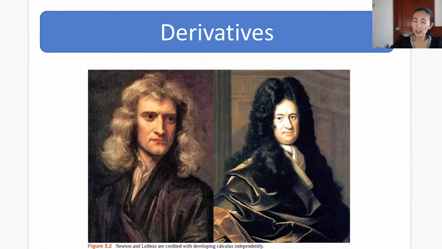Most mathematicians agree that calculus was developed independently by English mathematician and scientist Isaac Newton and Gottfried Leibniz. English ito, siya German. Okay? Newton and Leibniz were given credit for developing calculus.